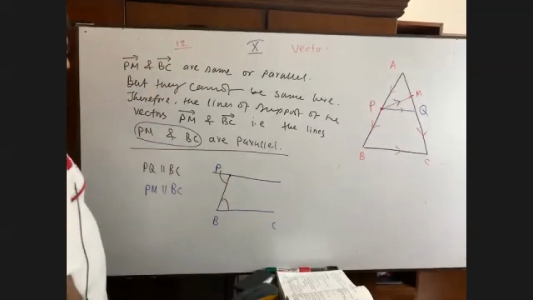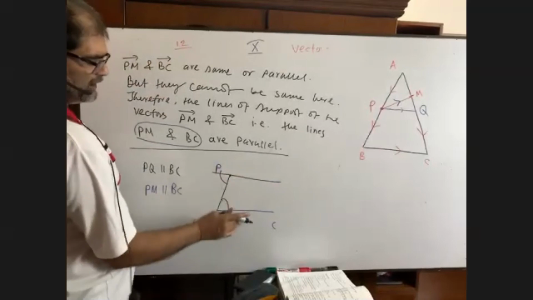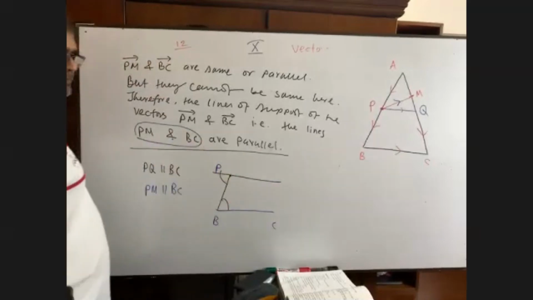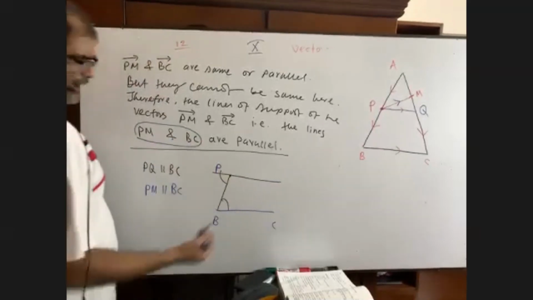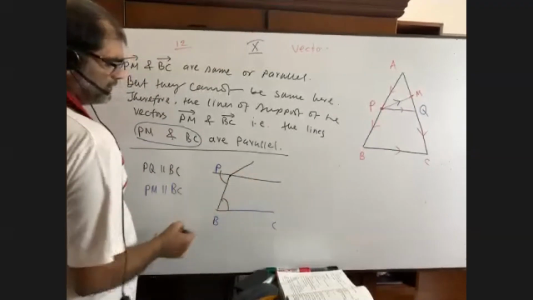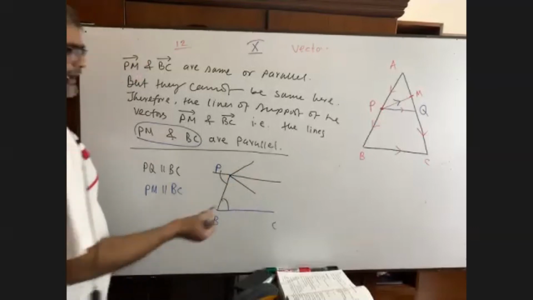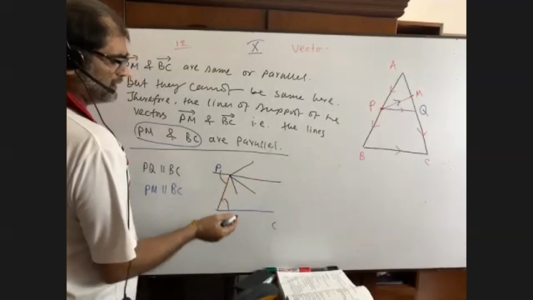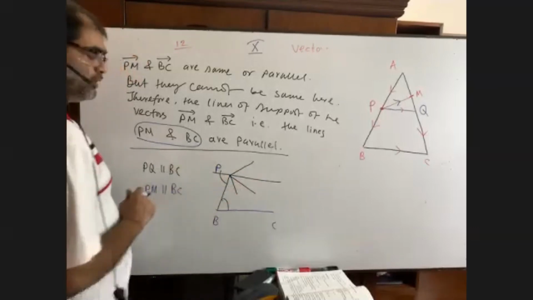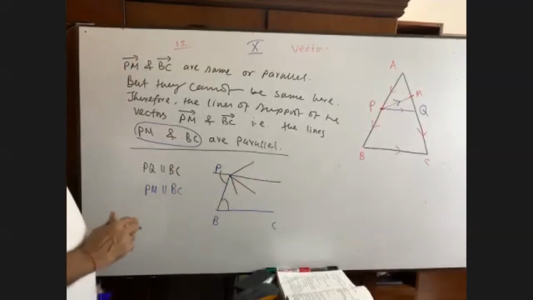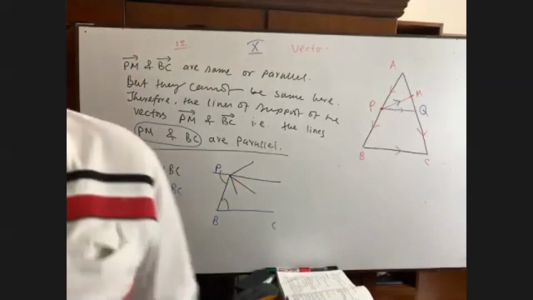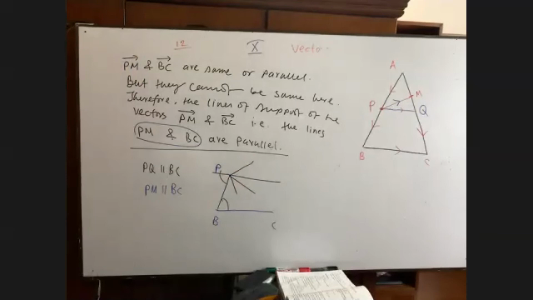Is it possible to draw any other line which is parallel to BC passing through P? Can you draw a line like this? Will they be parallel? Can you draw a line like this? Then will it be parallel to BC? No. That means not more than one straight line can be drawn passing through the same point parallel to a given straight line.